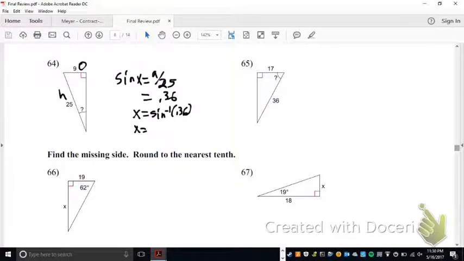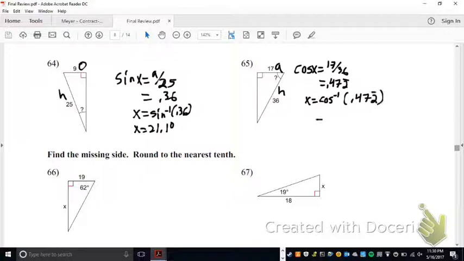So 9 divided by 25 equals, second sine, second dash, equals 21.1. 65, we have adjacent and hypotenuse, so we're doing cosine again. Cosine of x equals 17 over 36, or 0.472 bar. X equals the inverse cosine of 0.472 bar. Again, the way we do that, 17 divided by 36 equals, second cosine, second dash, equals, or enter, 61.8.